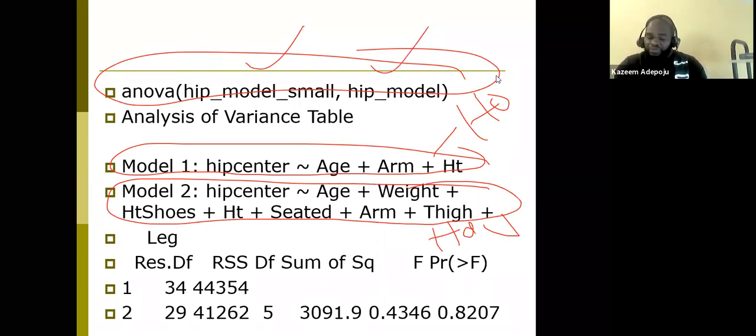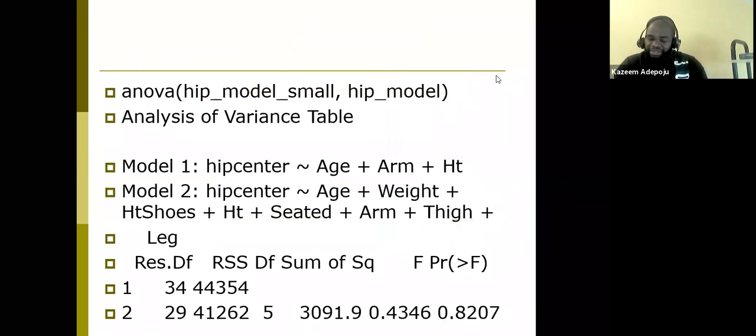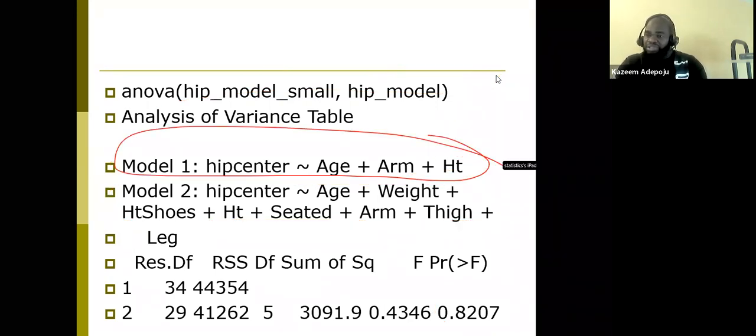When you do ANOVA for that, you're going to have the result that I'm showing you right now. Take a look at this. This is a p-value, and the p-value right here is greater than 0.05, which means you're going to fail to reject the null hypothesis. What does that imply? That implies that model 1 is better.